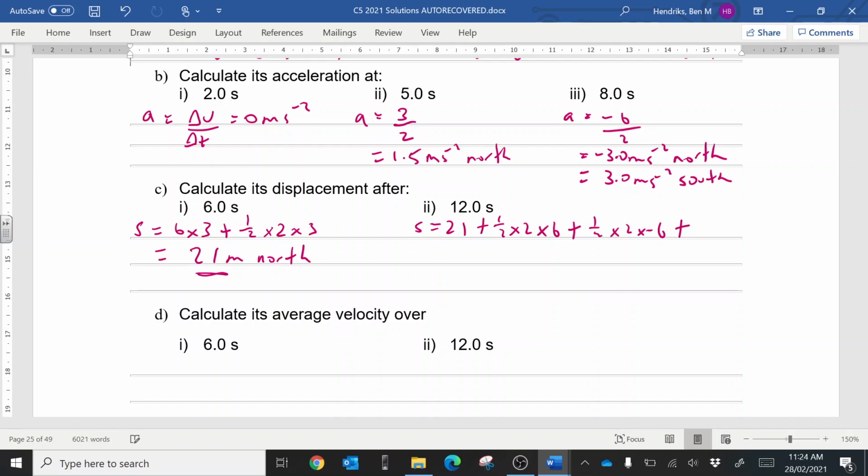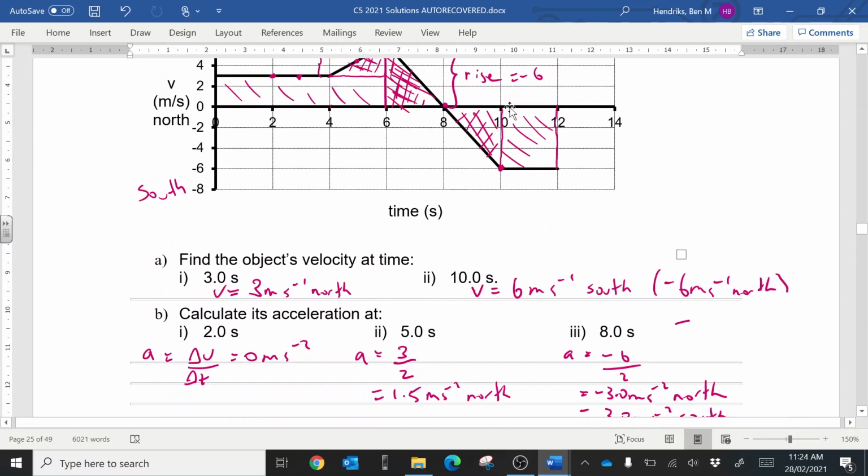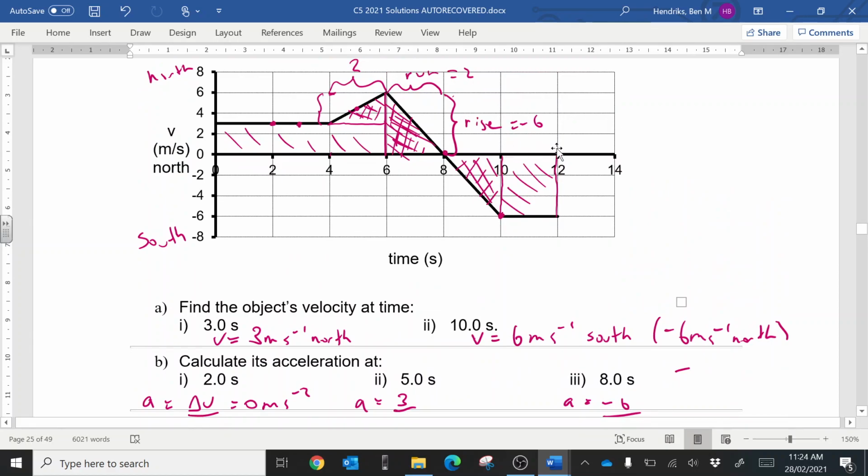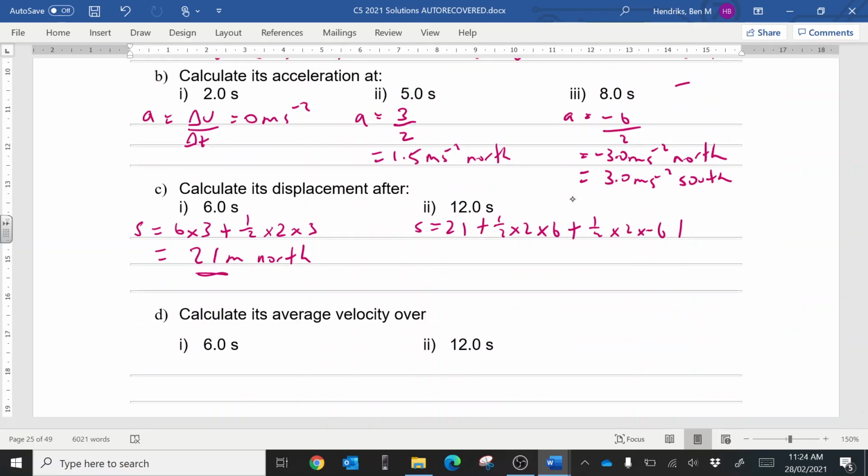And then the rectangle, similarly, has a length of 2 and a width of minus 6, so plus 2 times minus 6. What we get is 21 plus 6, which is 27, plus minus 6, plus minus 12, so minus 18 for that negative bit, which is equal to 9 meters. And because it's positive, it'll be 9 meters north.